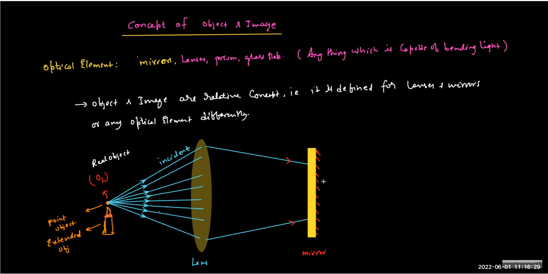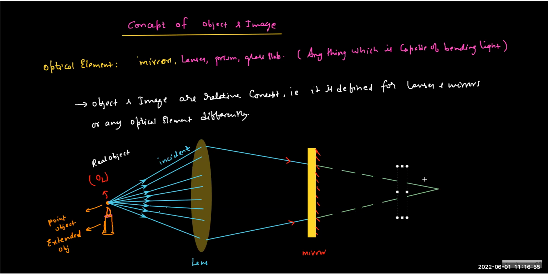So when you fail to trace back actually, what you do is you extend the line in the other direction. This we denote by the dotted line.